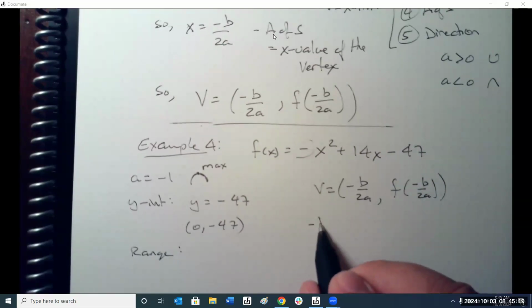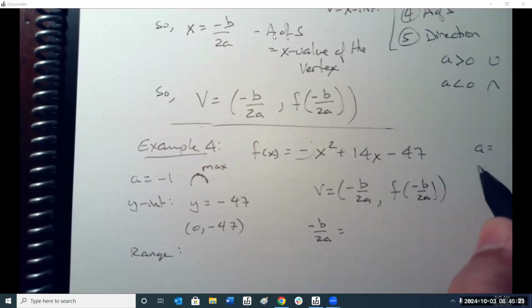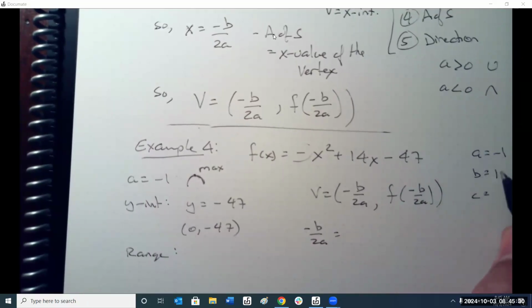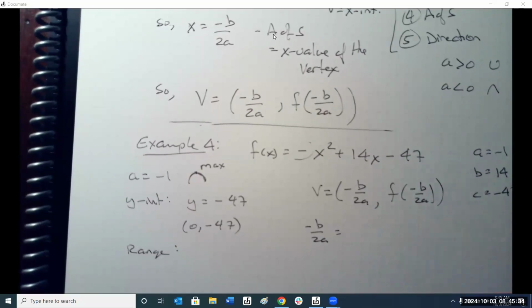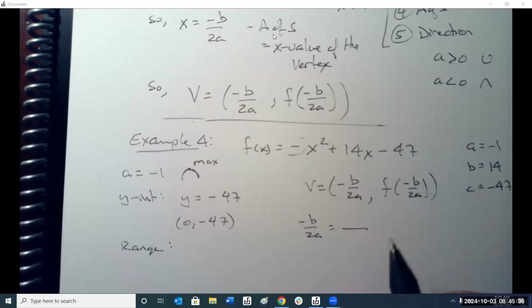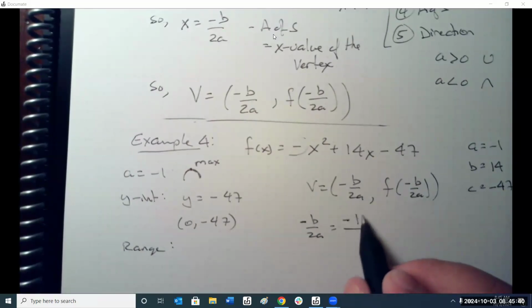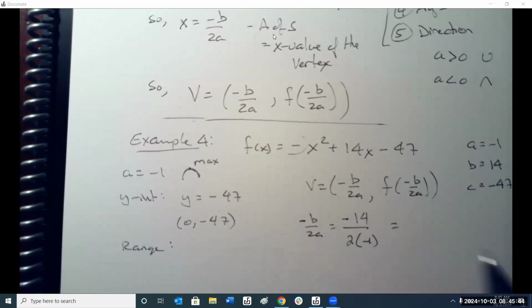So what is negative b over 2a? A is negative 1, b is 14, c is negative 47. So it's negative b, which is 14, over 2 times negative 1.